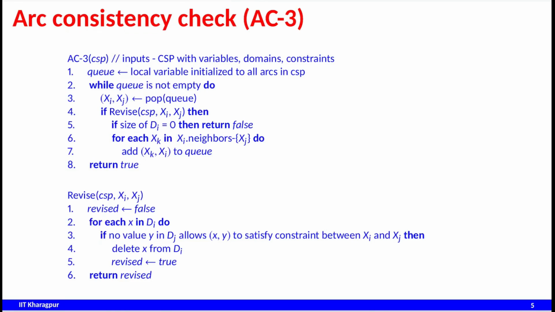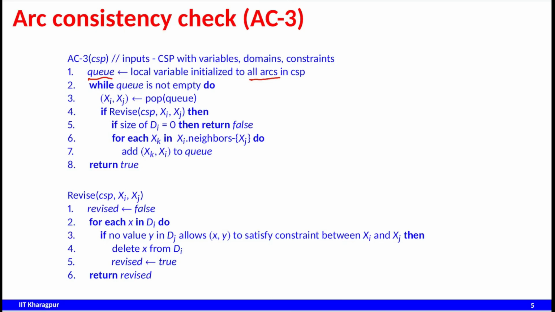We initialize a queue with all the arcs in the CSP. That's very simple, and we iterate till the queue is empty. That means we have checked all the edges and we cannot reduce any further, and then we will stop.